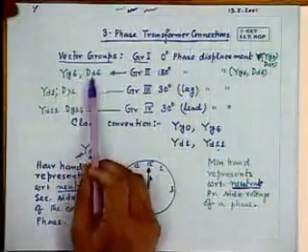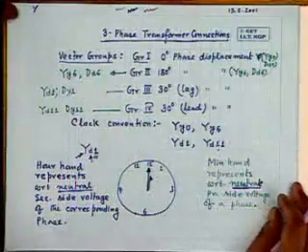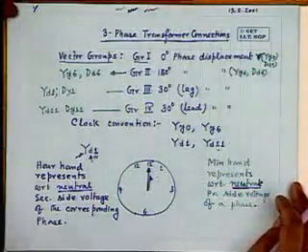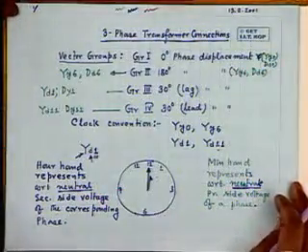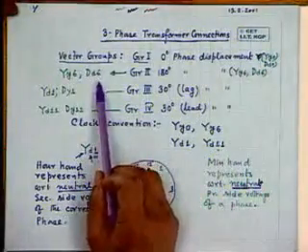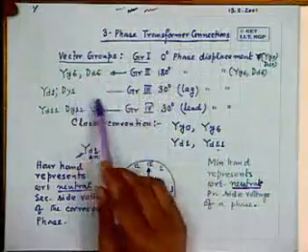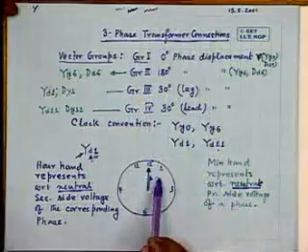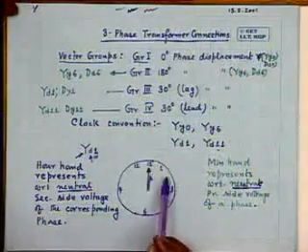This 6, 1, etc. actually describes the lead or lag angle of the secondary voltage with respect to the primary voltage. Now remember that the 6 corresponds to 180 degree phase displacement, 1 corresponds to 30 degree lag, depending upon the position of the hour hand with respect to the minute hand.